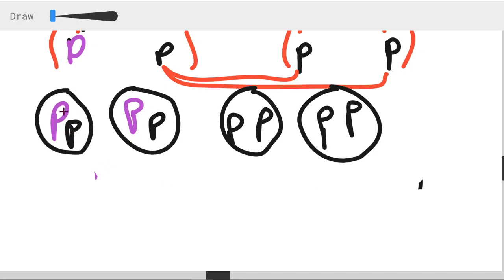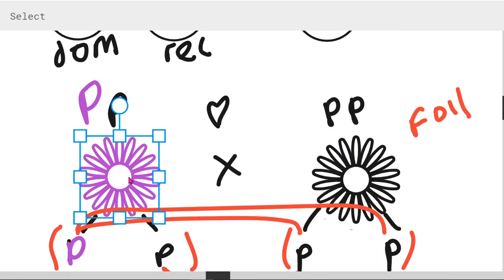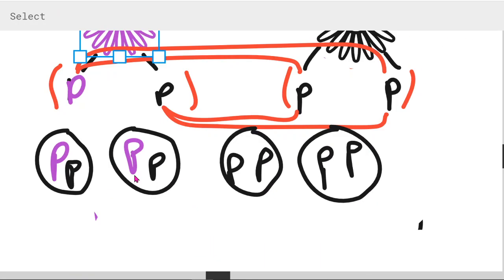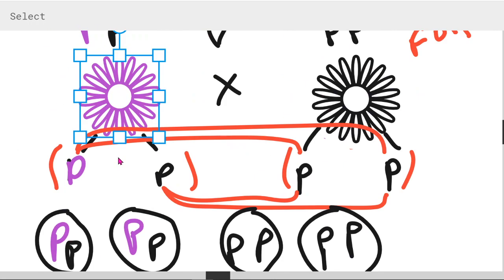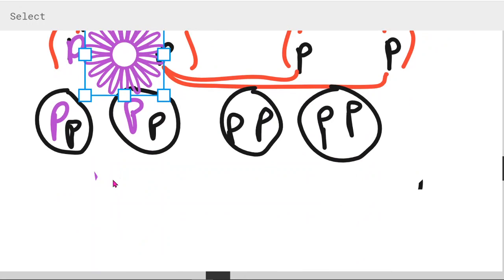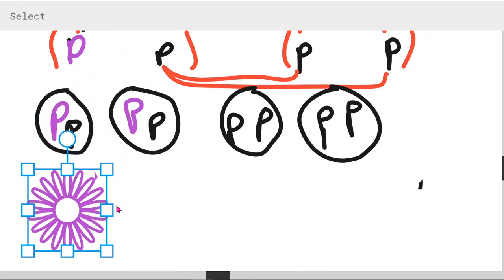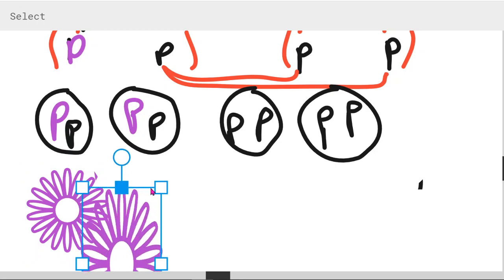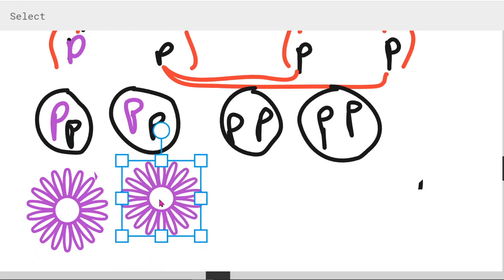So the first one, right away, we don't need to know anything else. We know that there is a dominant allele, so right away we know we got a purple flower. So let's just put this flower right here. So we know we got a purple flower. The second one, we also have a dominant one, so we also have a purple flower as well.